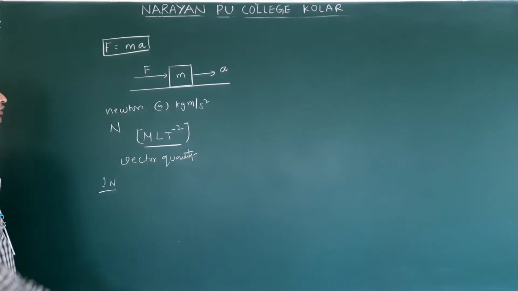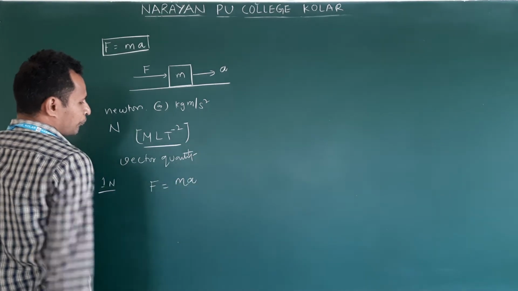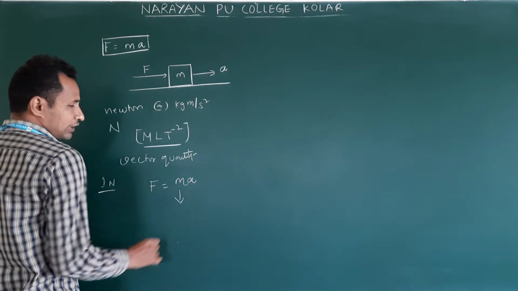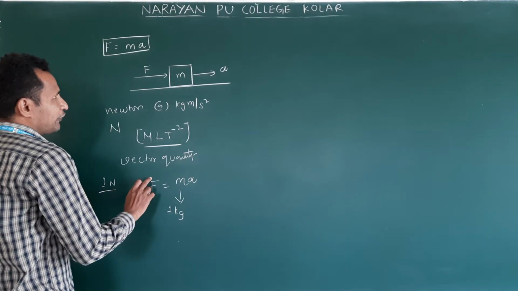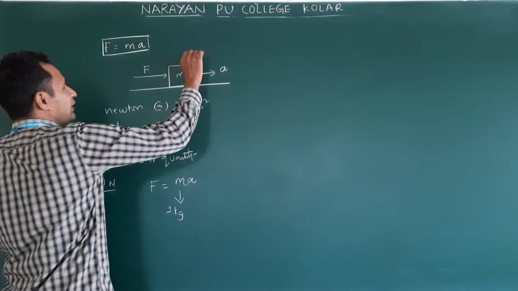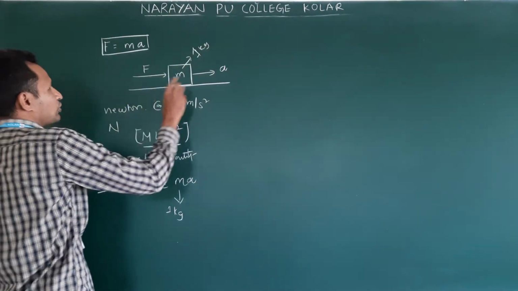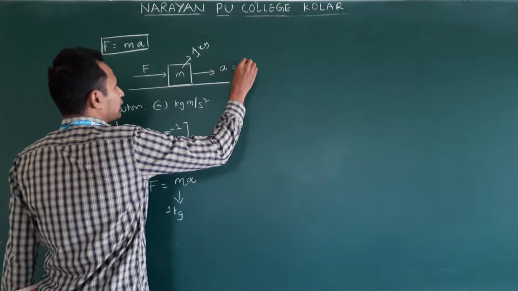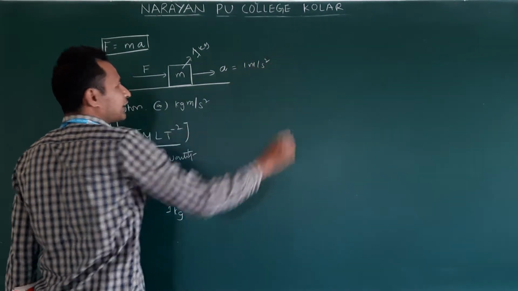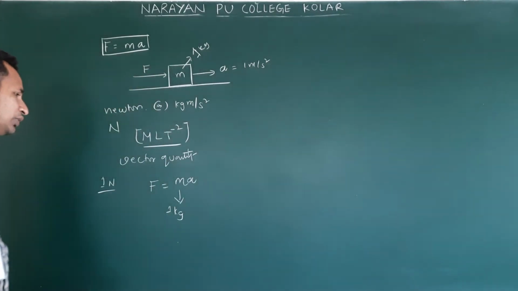Definition of 1 Newton. From this formula only, F is equal to ma. Suppose we take the mass of the object as 1 kg and we apply a force. If this force accelerates the 1 kg object at 1 meter per second square, then the amount of force is said to be 1 Newton.